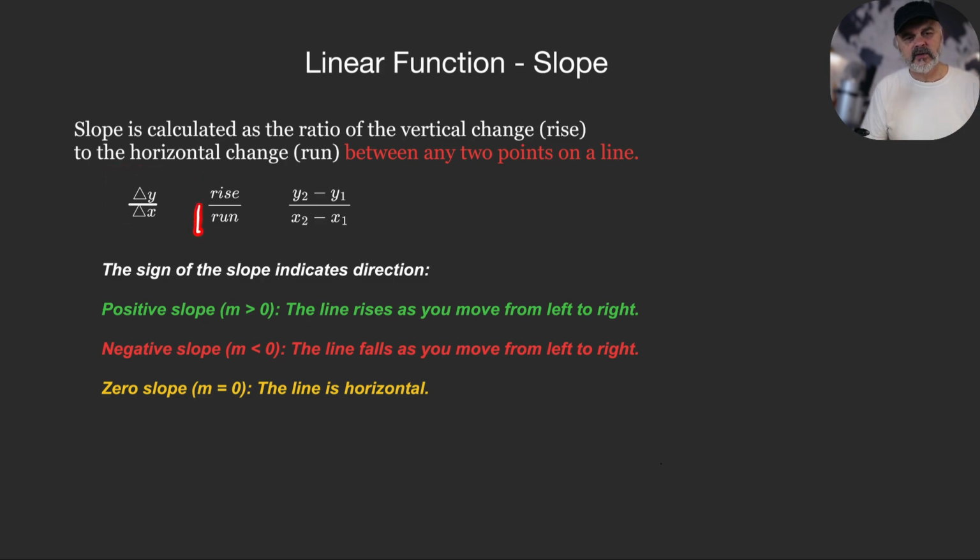We call it rise over run, typically, and this is the formula that represents the ratio, and the top is always the same. Y coordinates are used for the numerator, x coordinates for the bottom. Sometimes students switch this, so that's the common mistake. I've seen it time and time again. As long as you establish that the top is the y change and the bottom is the x change, you're good.